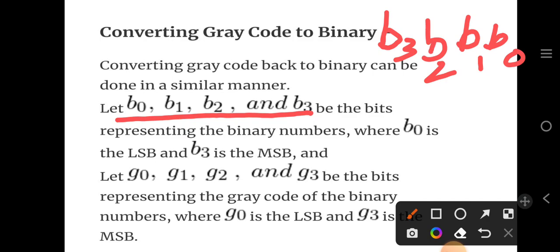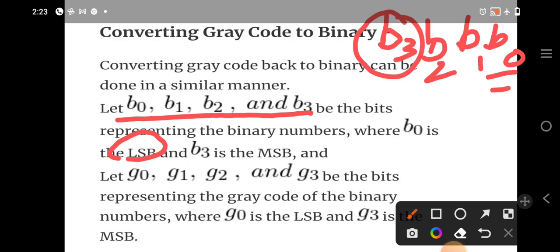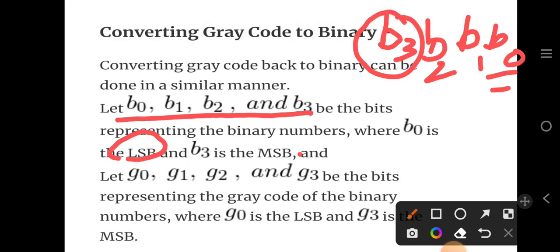So the rightmost bit, that is B0, is called the LSB. It means least significant bit, and the leftmost bit, that is B3, is called the MSB, that is the most significant bit.